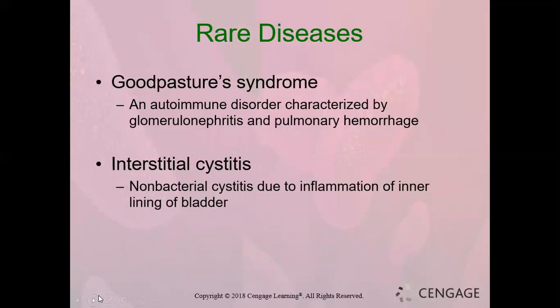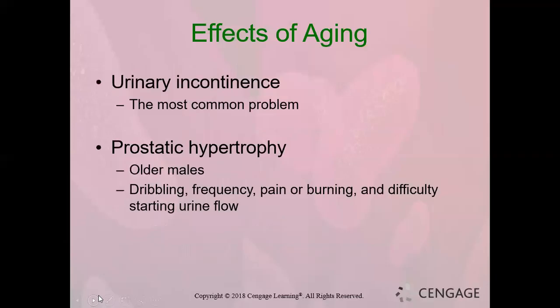Here are some other rare diseases. You're not going to be tested on these. And on aging, urinary incontinence is a common problem. And then for men, prostatic hypertrophy is a common problem. Essentially what that means is their prostate can either become inflamed or it can shrink.